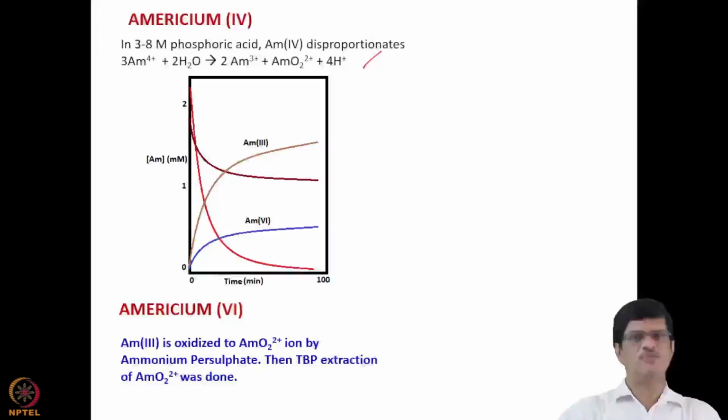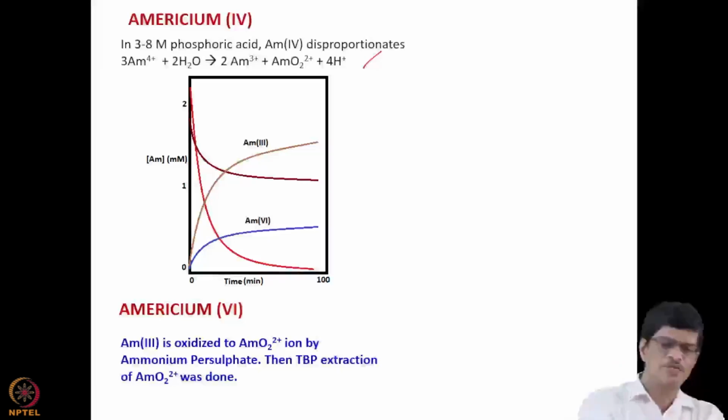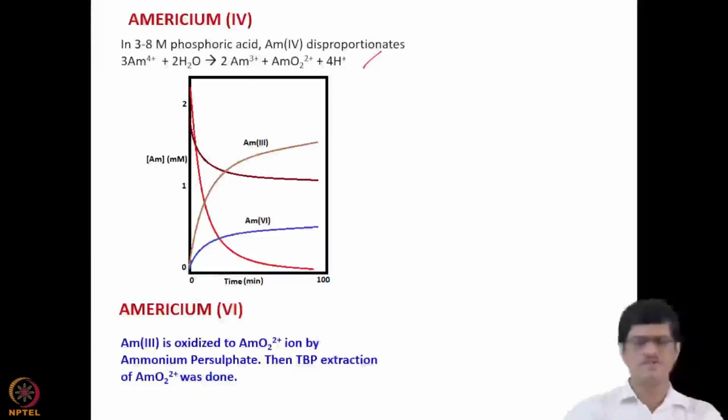This diagram is given here, where the starting concentration of americium 4 is 10 to the power of -3 molar, that is a millimolar solution, and it is disproportionating. You can see here the americium 6 and americium 3. The concentration of americium 3 is roughly twice that of americium 6, which satisfies the equation given above. The profiles of americium species are presented in the figure given here.